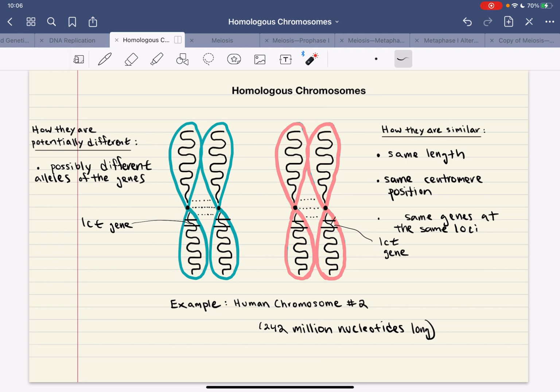Because as we're going to learn, the whole goal of meiosis, which is a form of cell division, is to separate each of our 23 homologous pairs and to give one of these two chromosomes to your child.